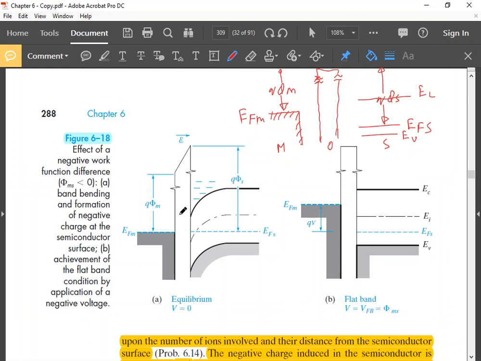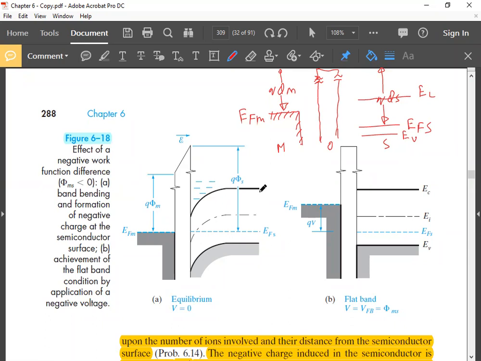And one other interesting thing here is, if the difference between phi m and phi s is large, then it may happen that even without any application of external voltage, there may be inversion. Phi ms is the total band bending. Q phi ms may be greater than Q phi f.